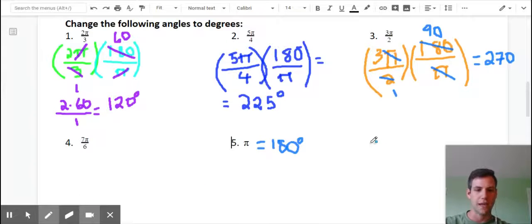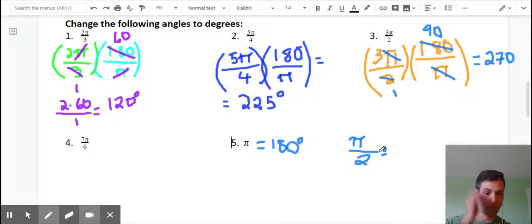So if I know I did pi over 2, half of pi is going to be the same as finding half of 180. So I know right away that that is going to be equal to 90 degrees. If pi is 180, pi over 2 has to be 90 degrees.